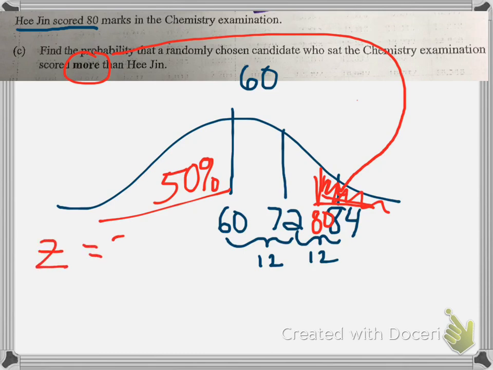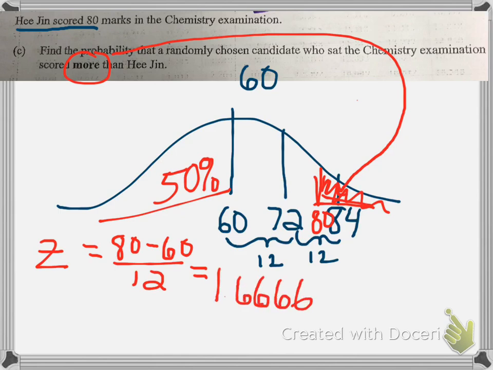So z is 80 minus 60 divided by 12, which gives us a z-score of 1.66. I'm going to round that up to 1.67, because the z-table goes to the hundredths place.